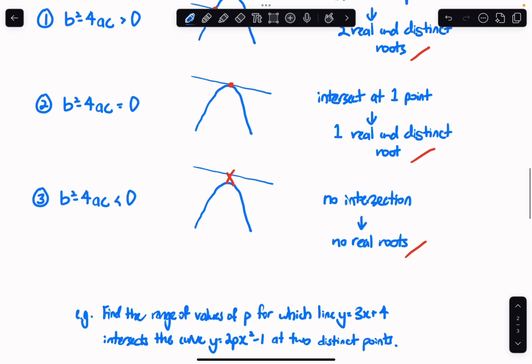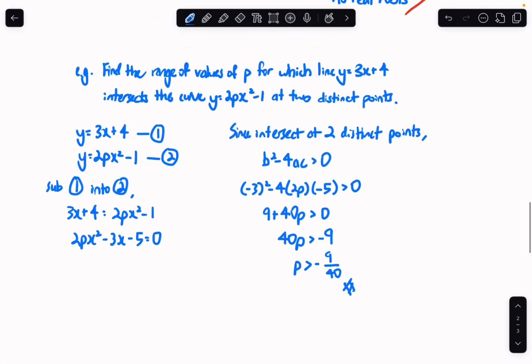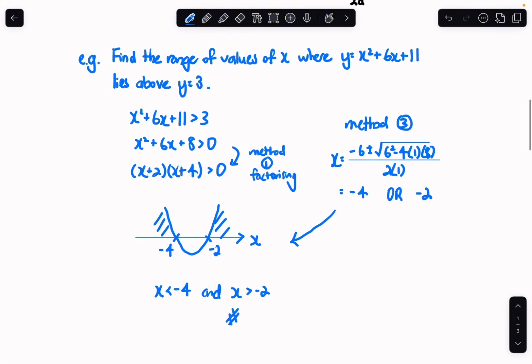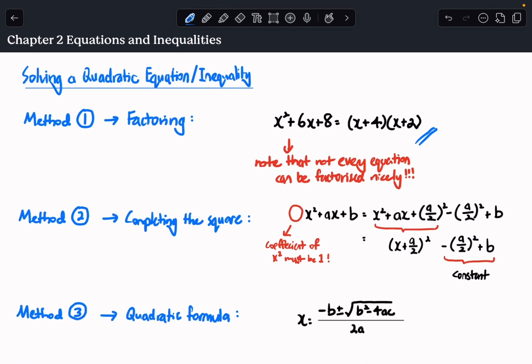So in this chapter, we learned how to solve quadratic equations / inequalities and also the discriminant. How do we know which technique to apply for different questions? In general, if they ask to find the range of x, like in this question, we are most probably using the three methods we learned, which are factoring, completing the square, and the quadratic formula.